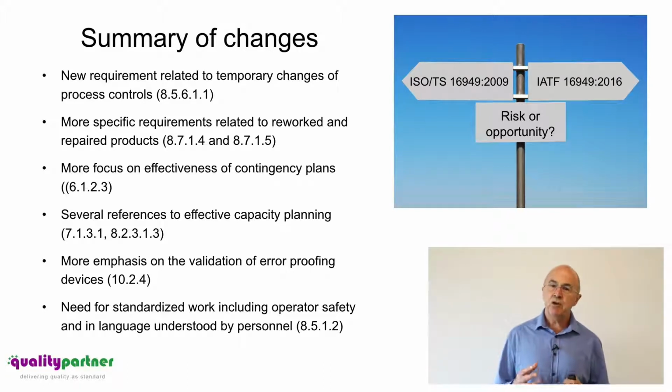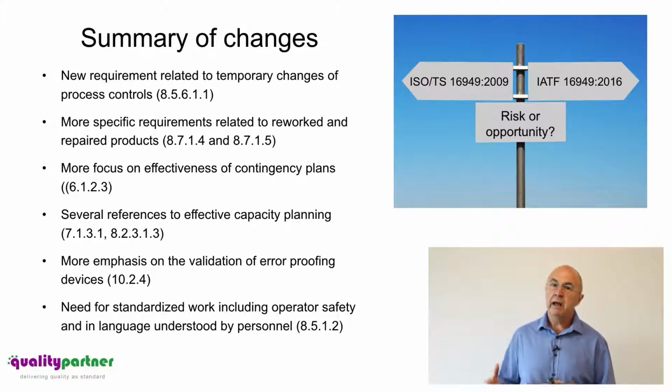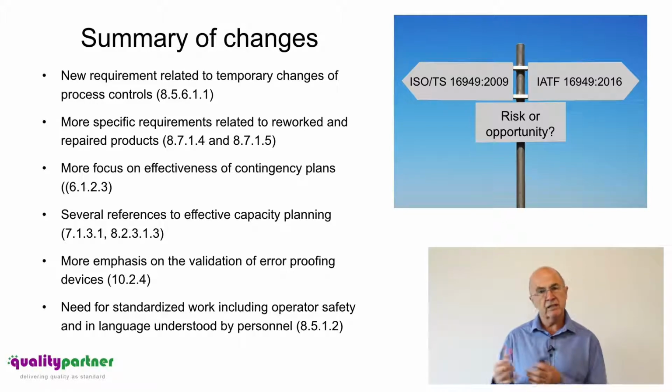We need to make sure that we have got really robust contingency plans, and where practical, we test those contingency plans to make sure if the situation did arise that the plan would actually work. And in looking at the contingency plan, we need to look at delivery performance to really make sure the contingency plan is there, not just as a paperwork exercise, it's there to make sure we can meet the customer requirements.